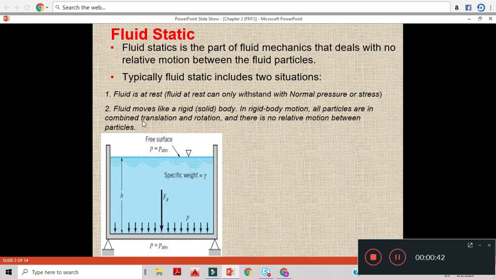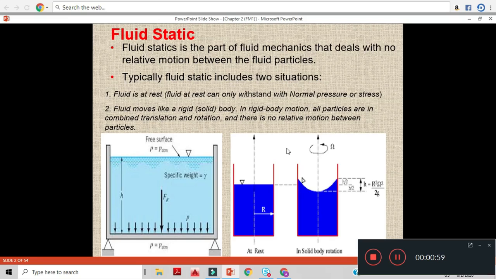Next, the fluid moving like a rigid body. In rigid body motion, all particles are in combined translation and rotation, and there is no relative motion between particles. So here we can see the case where there is a motion, but there is no relative motion between the fluid particles.